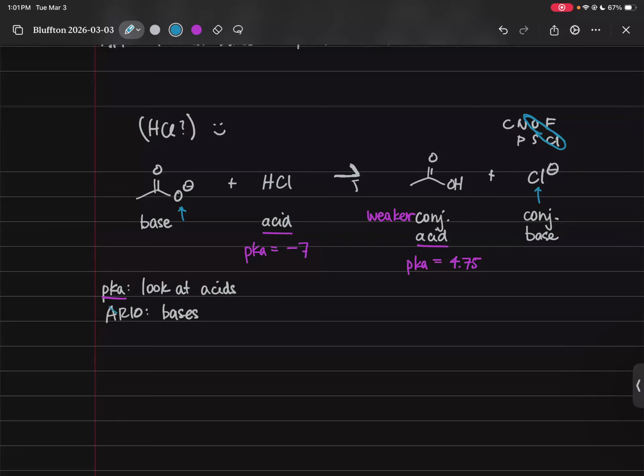So if we say, all right, let's ignore A for ARIO, then we could look at resonance. And okay, you can see where this is going. Acetate ion does have a resonance structure, and chloride does not have a resonance structure. All right, so that means that the acetate is, that's going to screw us up, isn't it? Yeah, it is.